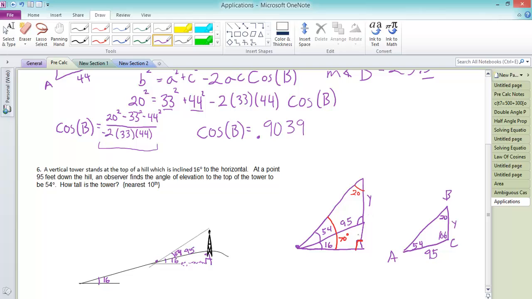Now, being that I was given a side and an angle, I'm going to use the law of sines.